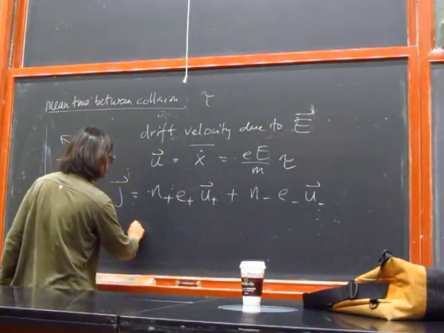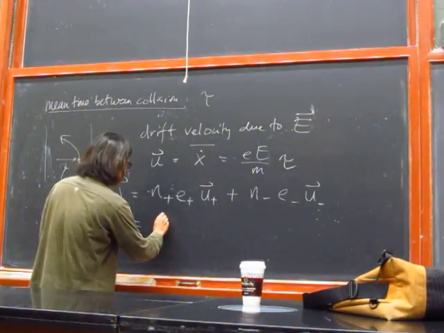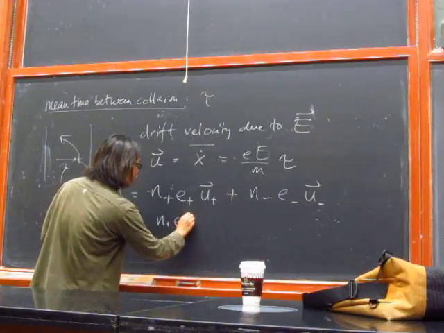And here I'm getting n plus e plus squared.